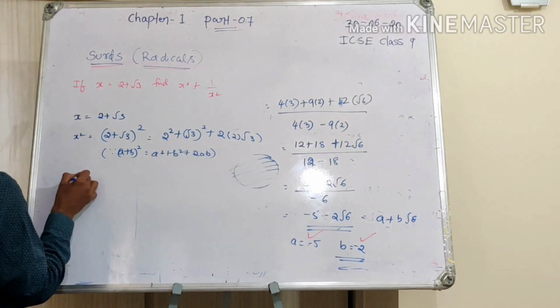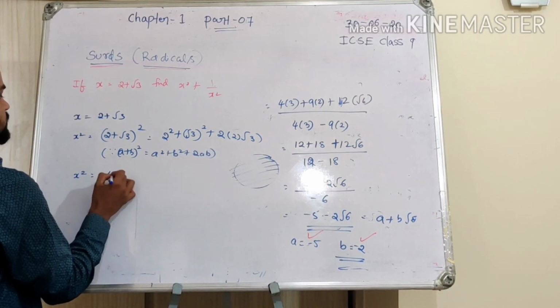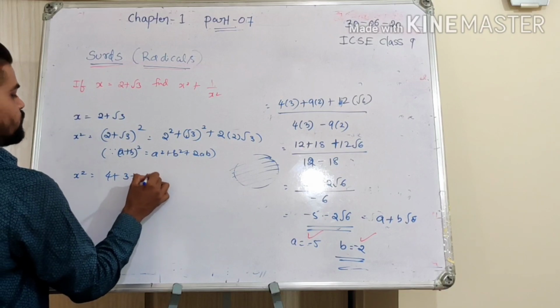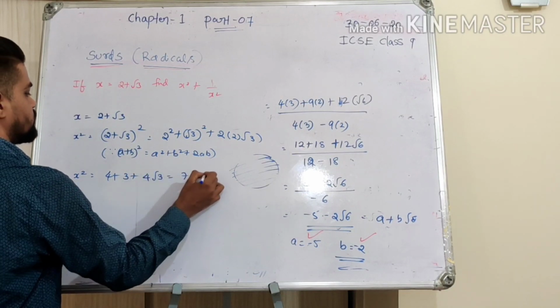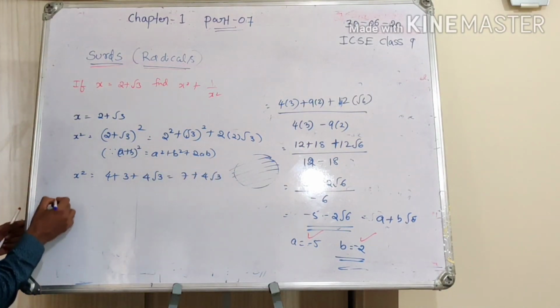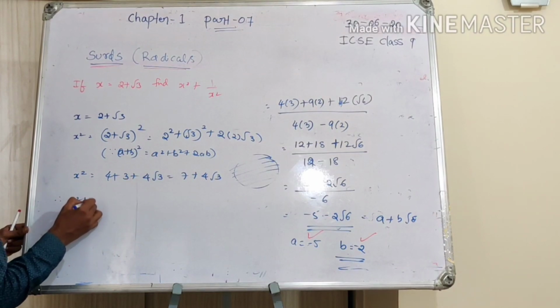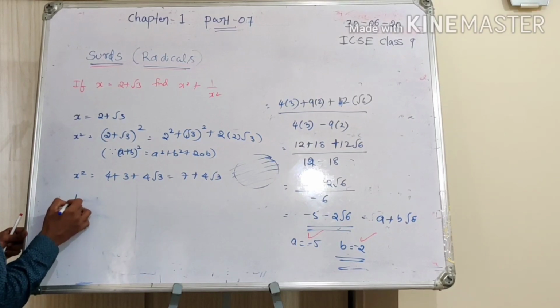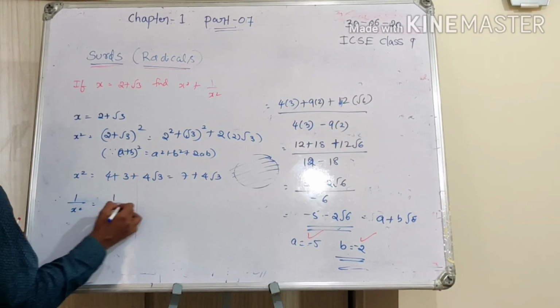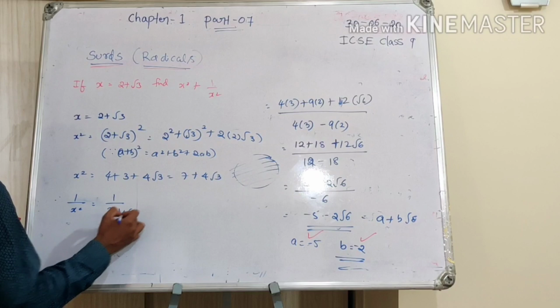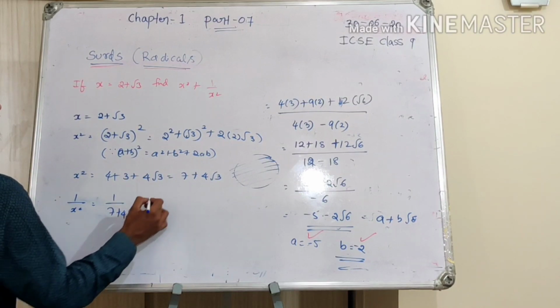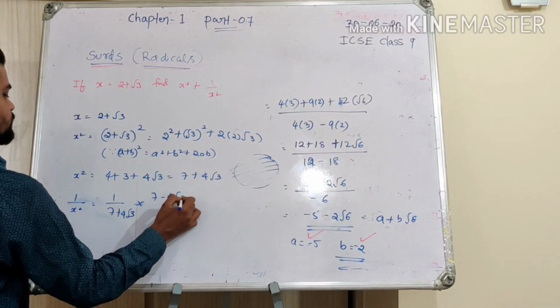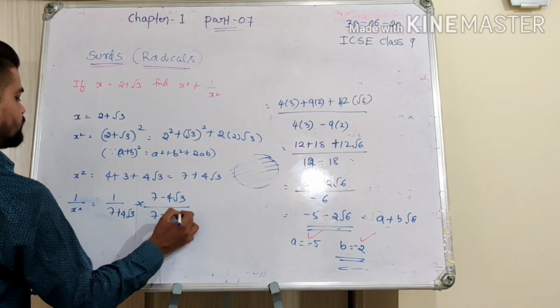Okay, so x square is equal to how much now? 4 plus 3 plus 4 root 3, which is 7 plus 4 root 3. So therefore for x square plus 1 by x square, we can even find 1 by x square, no? 1 by x square is equal to 1 by 7 plus 4 root 3, which can be rationalized by multiplying 7 minus 4 root 3 by 7 minus 4 root 3.